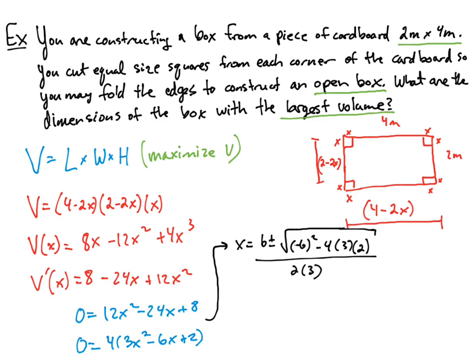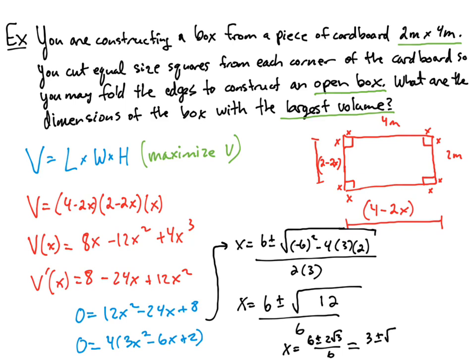Okay, so solving this down and simplifying, we're going to end up at 6 plus or minus 2 root 3 divided by 6. If I divide each term by 2, I'm going to get 3 plus or minus the square root of 3 divided by 3. So I have one where it's 3 plus root 3, and then one where it's 3 minus root 3.